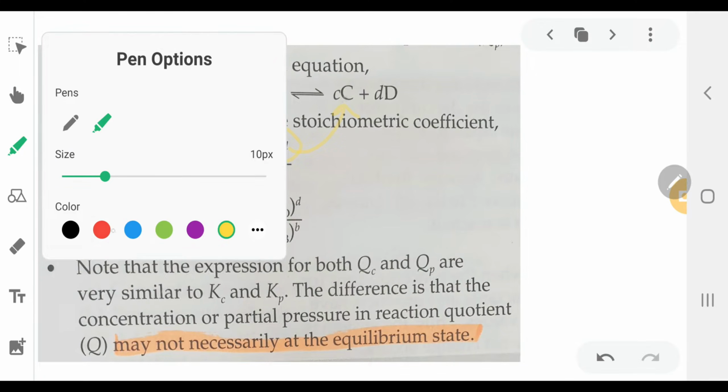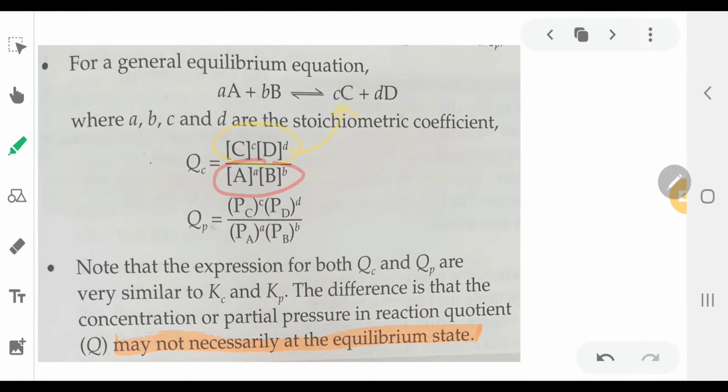And the bottom bit right there corresponds to the reactant side. The same goes for how you write Qp. So what is the difference between Kc, Kp, Qc, and Qp? The difference is right over here. The reaction quotient Q is not necessarily at equilibrium.